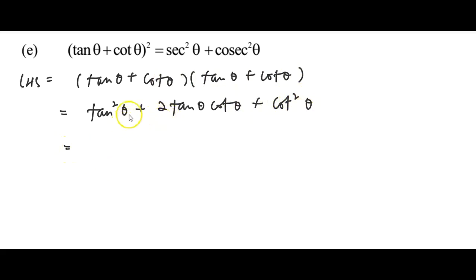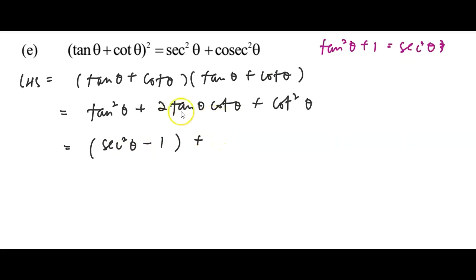And here we are going to make it all in terms of secant square and cosecant square, right? So the tangent square, I would like to convert using the second identity, which is tangent square theta plus 1 equals secant square theta. So I have tangent square theta as secant square theta minus 1.